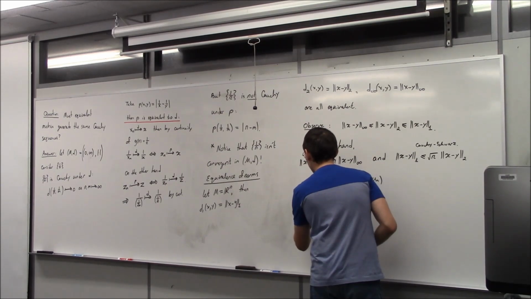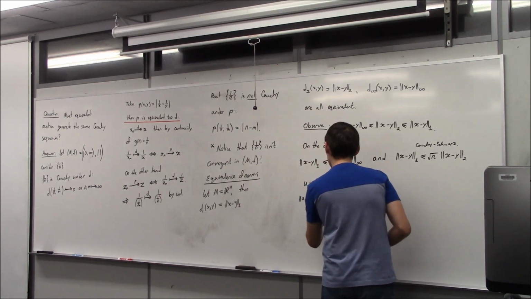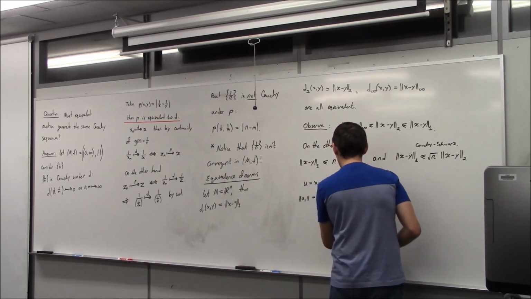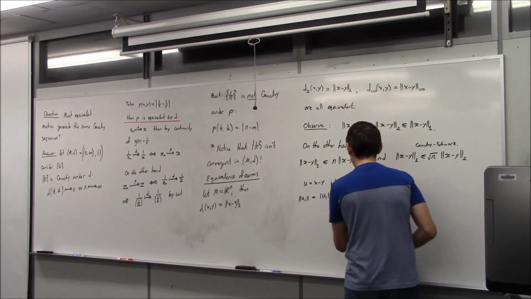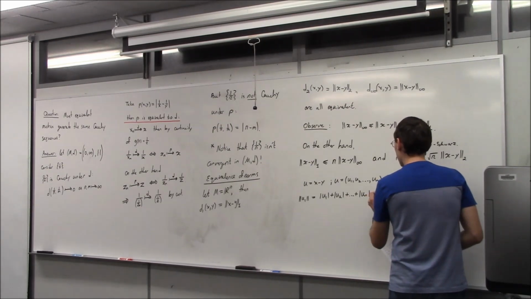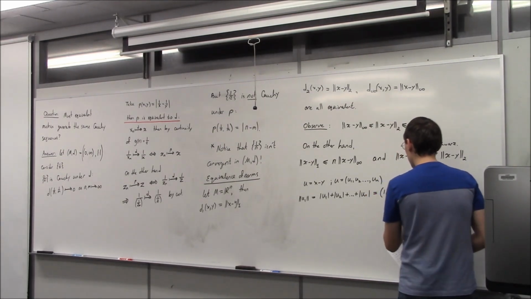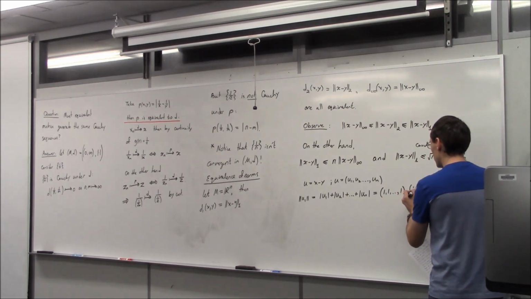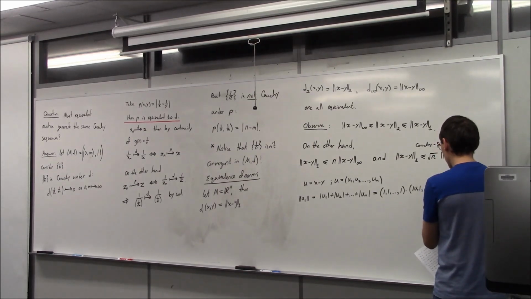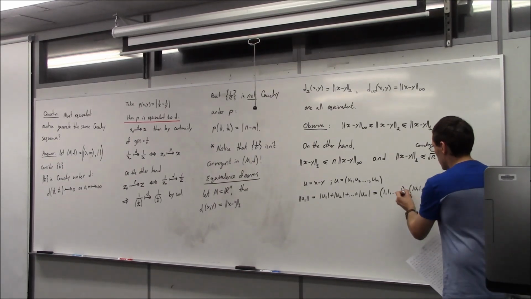That's simply the absolute value of u1 plus the absolute value of u2 plus up to the absolute value of u sub n, which is equal to the dot product of the vector 1, 1, ..., 1 with the absolute value of u1, absolute value of u2, up to the absolute value of u sub n. Okay? So there's a dot product, right?